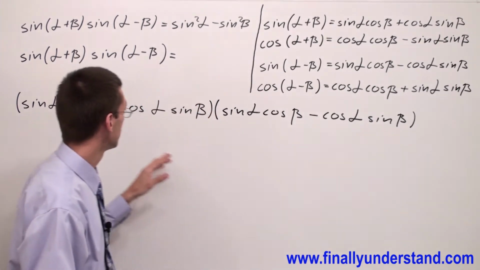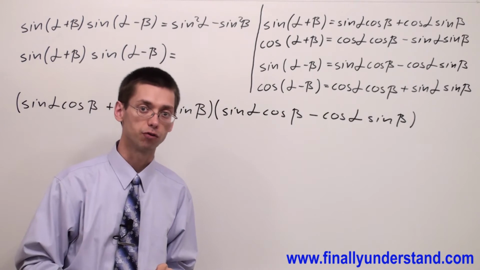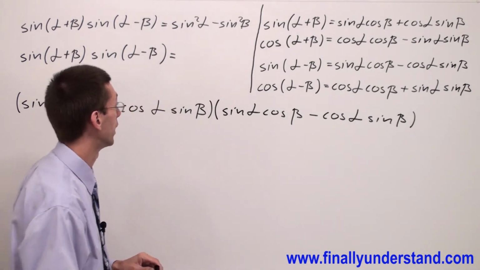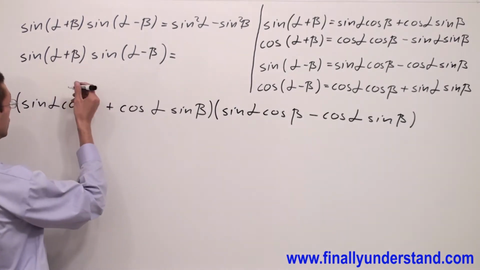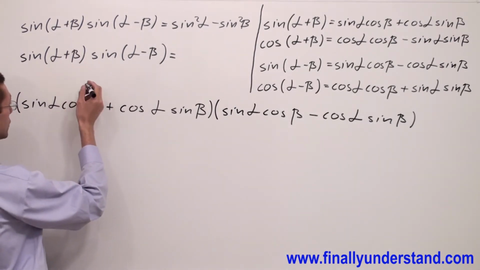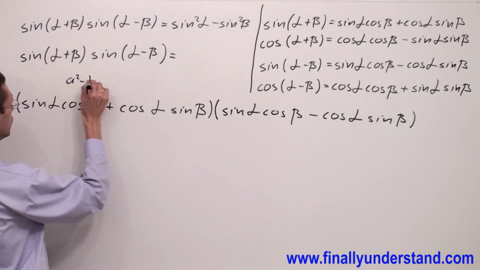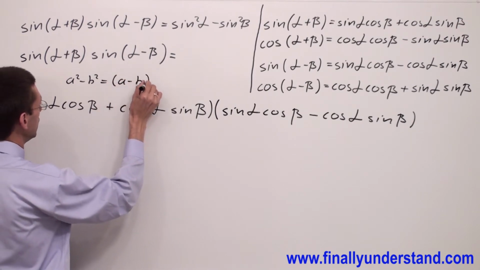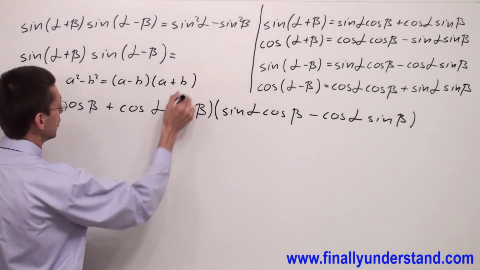So this is nothing else, just the difference of two squares. Okay, let me remind you that the difference of two squares looks like this. I'm going to write over here in order to save the space. And I have a square minus b square is equal a minus b times a plus b.